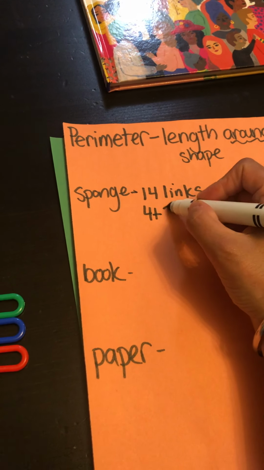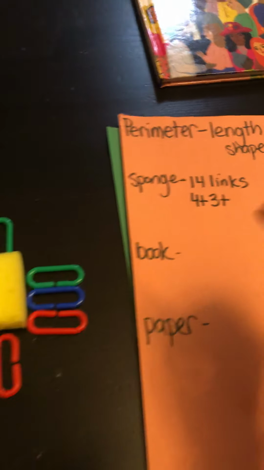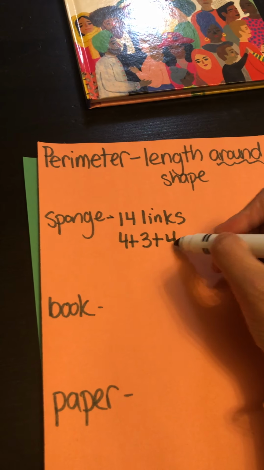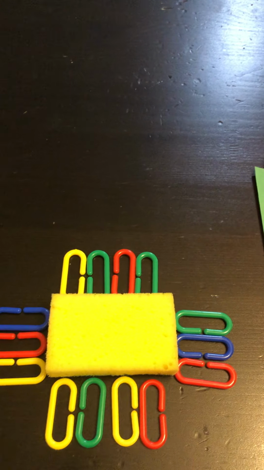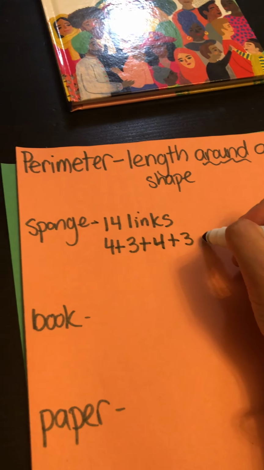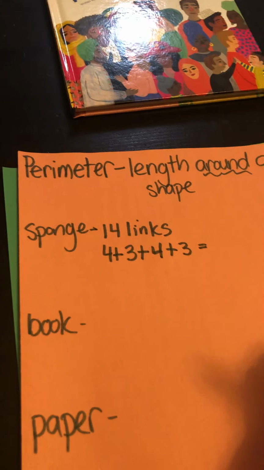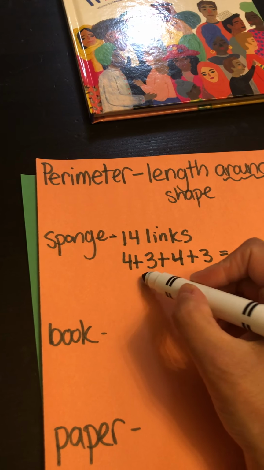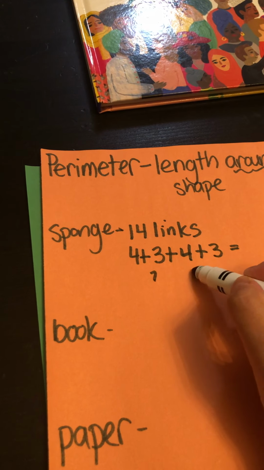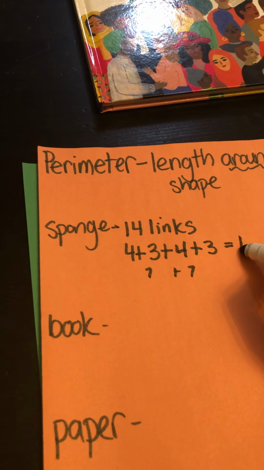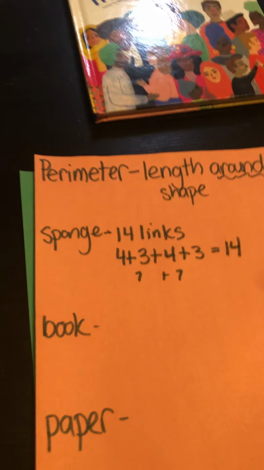Plus 3, plus 4 here, 4 here, plus 1 more side, 3, and then you can add that up together. 4 plus 3 is 7, 4 plus 3 is 7, and that also equals 14.